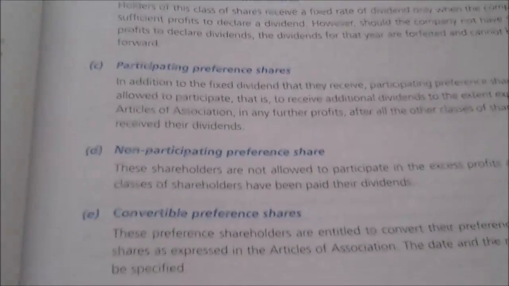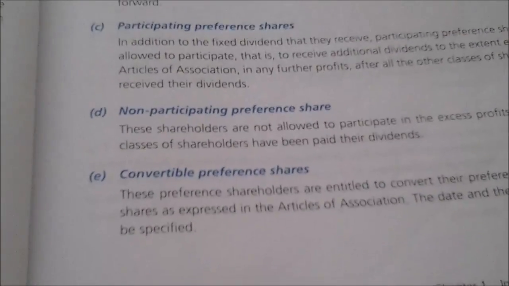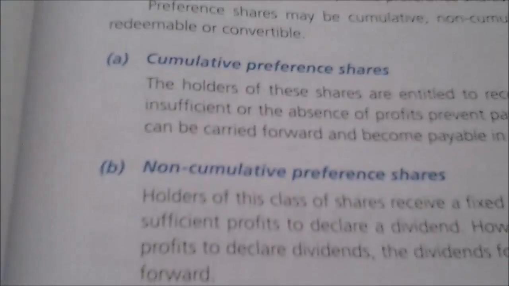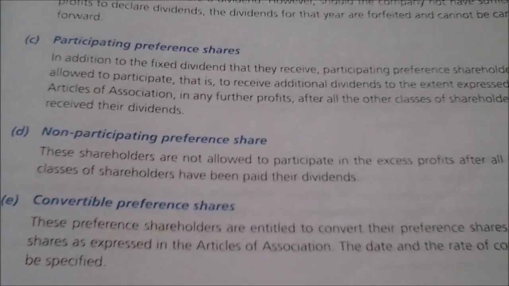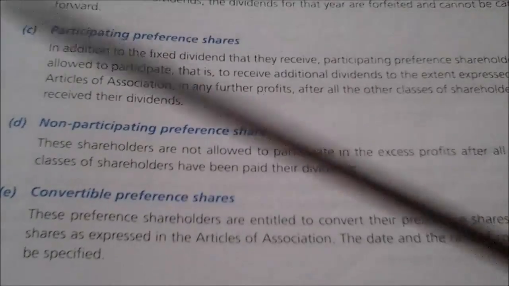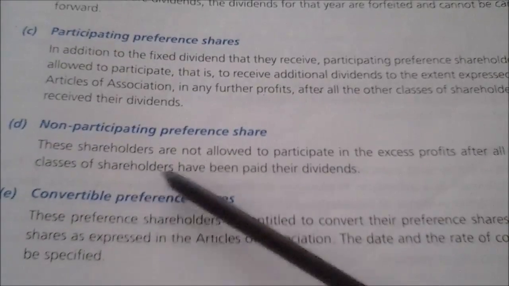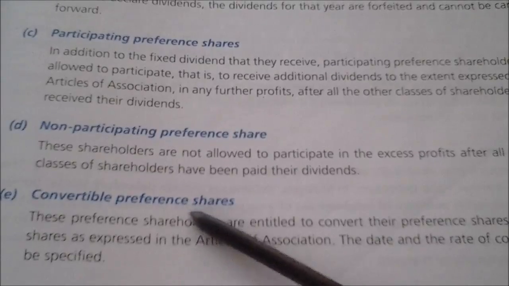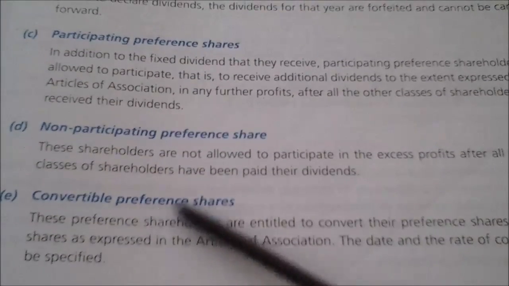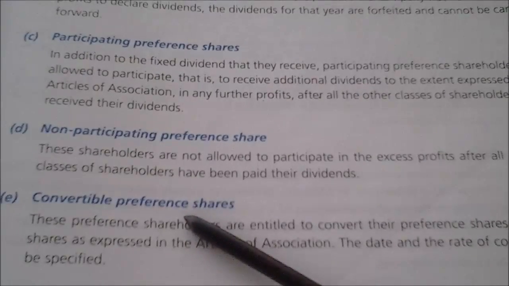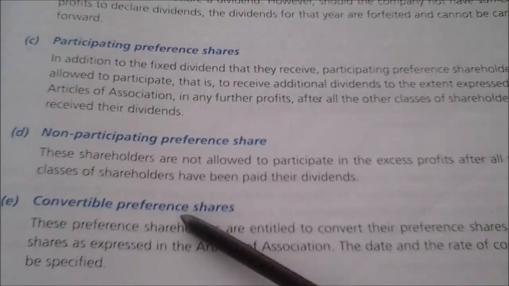Okay, convertible preference shares, meaning convert. So preference shares cannot vote. Remember, ordinary shares can vote. So maybe after a certain time they will say, I would like to be able to vote.